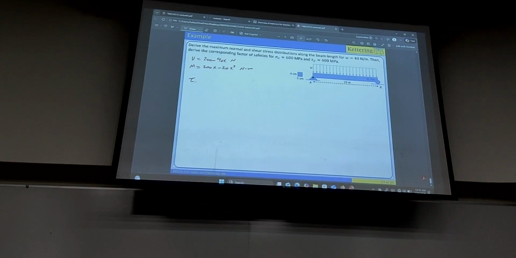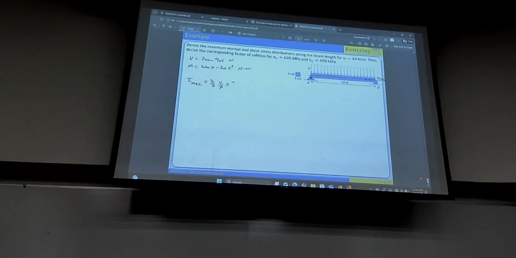So tau max, again at the center, we said is 3/2 V over A. The area is the same cross section as the previous example.